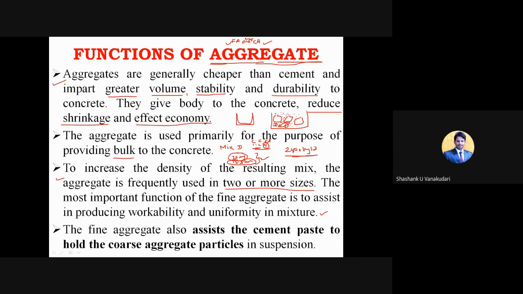So by taking this fine aggregate, you avoid the number of voids or percentage of voids, or you can call it the ratio of voids. That ratio of voids or gaps between the coarse aggregates can be filled by this fine aggregate. Fine aggregate is nothing but sand and other ingredients like M sand that we can consider.